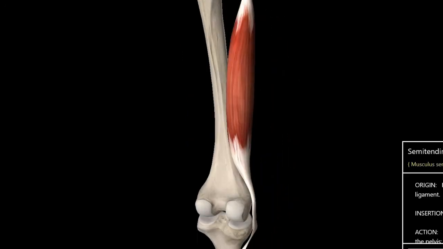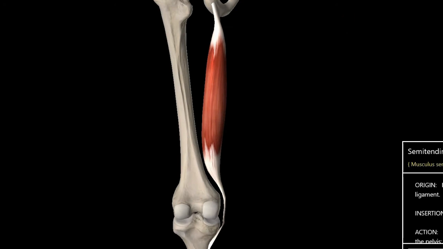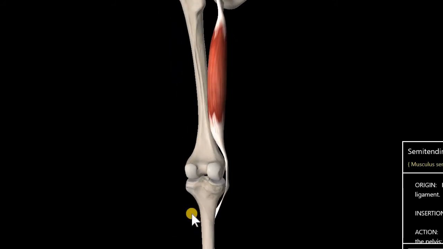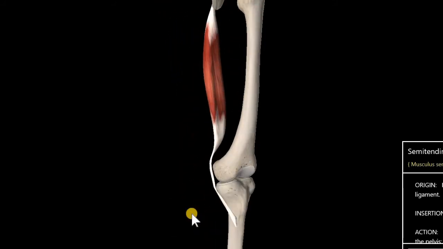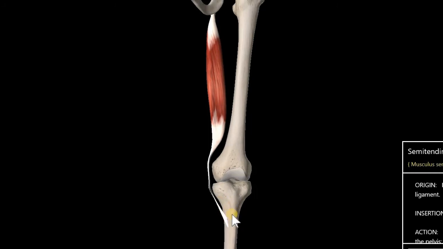It has its origin on the ischial tuberosity and its insertion on the, I'm going to turn this around, on the anterior aspect of the proximal tibia around the tibial tuberosity.